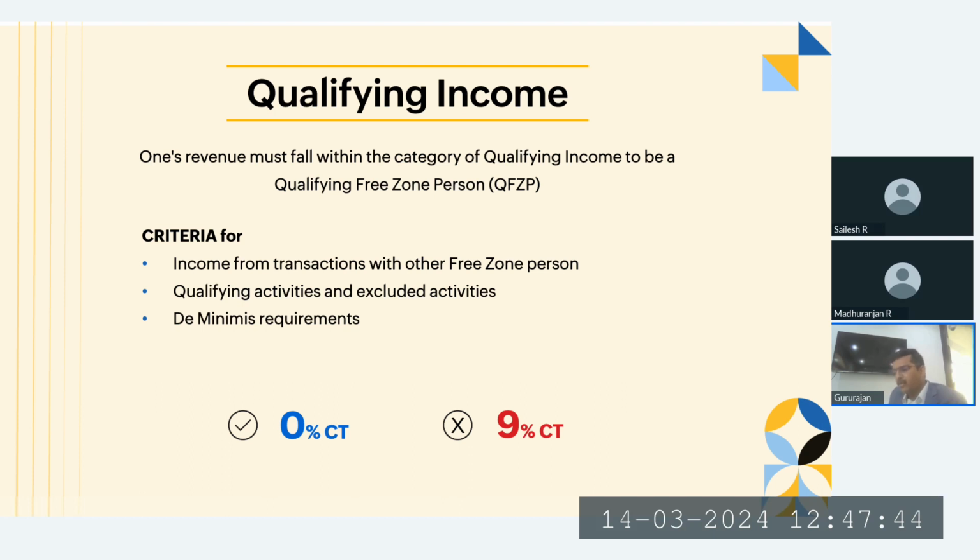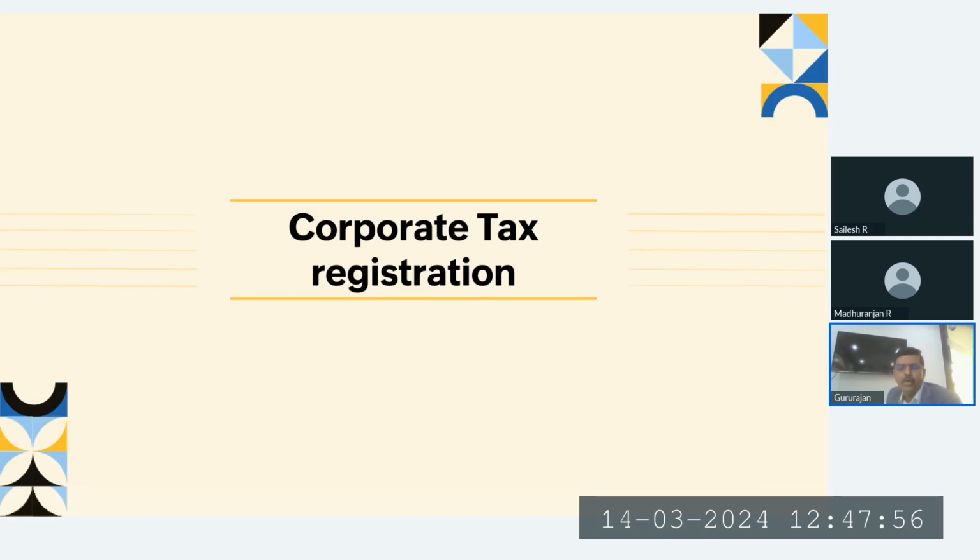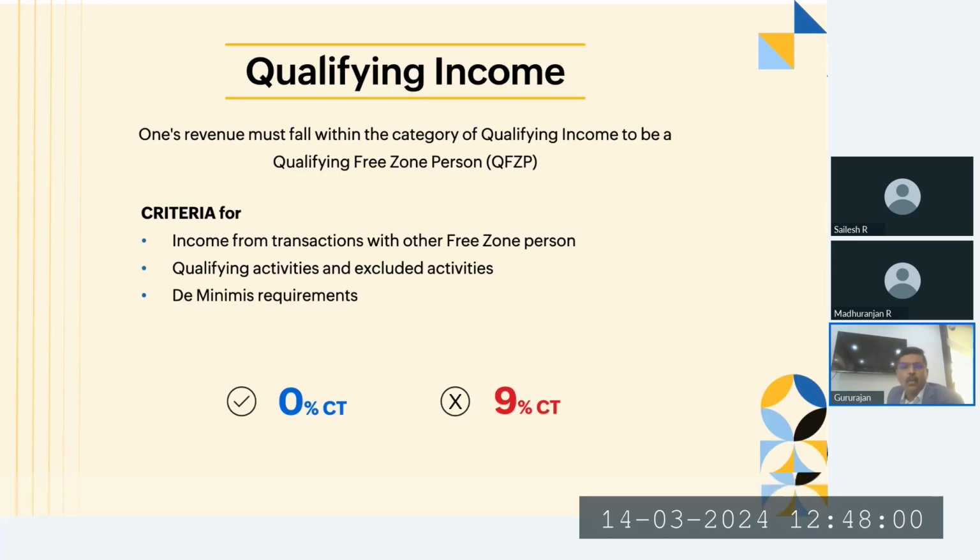Any other activity which is ancillary in nature, for example, activity you perform in support of the main task, will also come under this qualifying activity. One important requirement is the de minimis requirement.